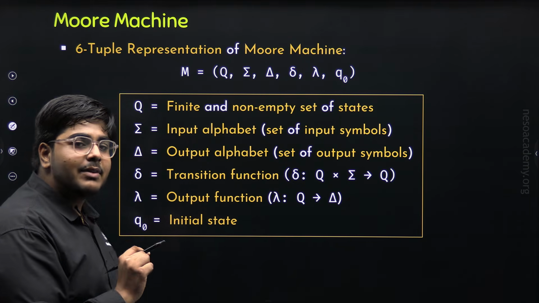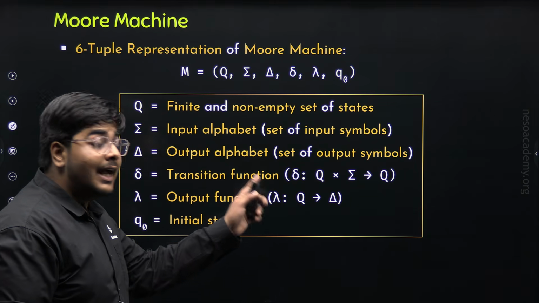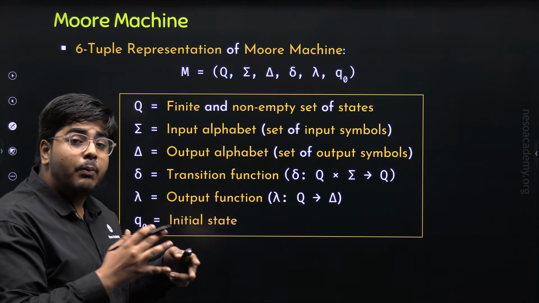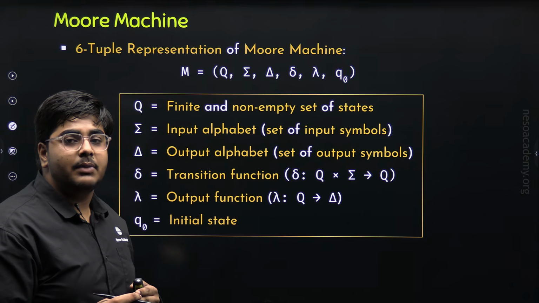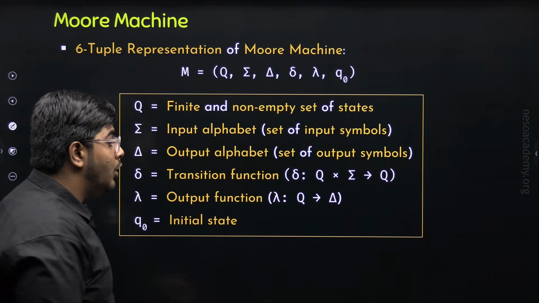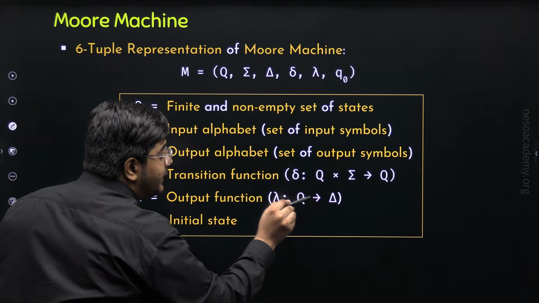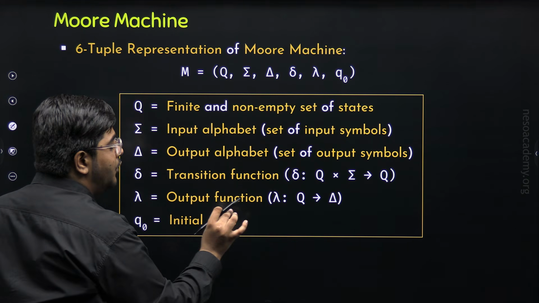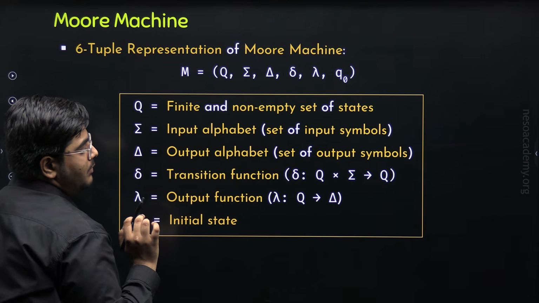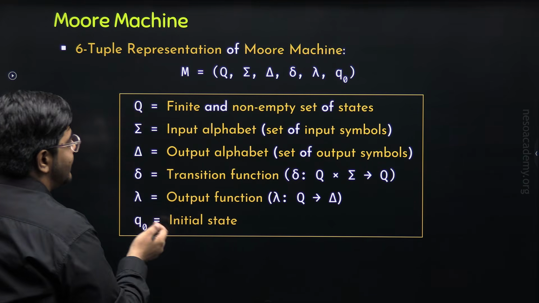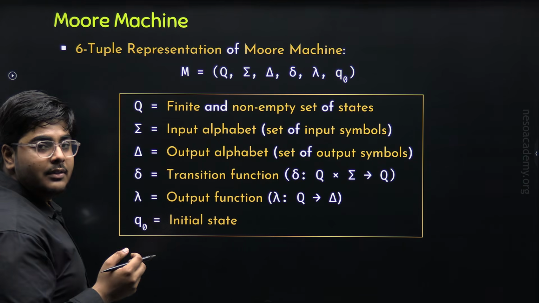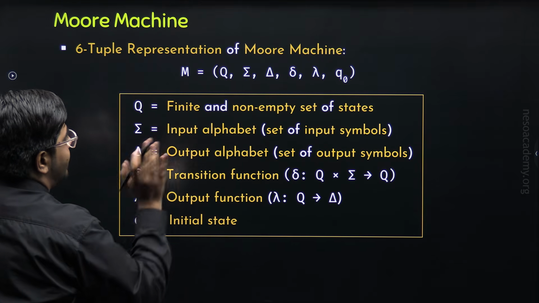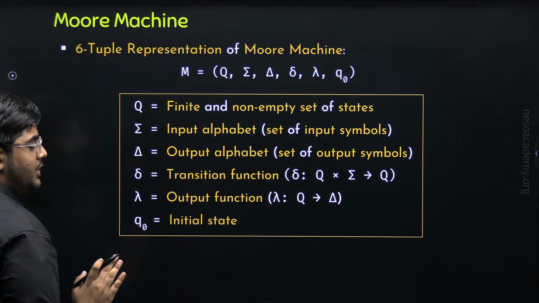Because in case of Mealy machine, the present state and the input symbol both were determining the output symbol. But in case of Moore machine, only the present state will determine the output symbol. That is why this is the equation of output function in case of Moore machine. Now Q0 is the initial state of our Moore machine. So this is the six-tuple representation of the Moore machine.